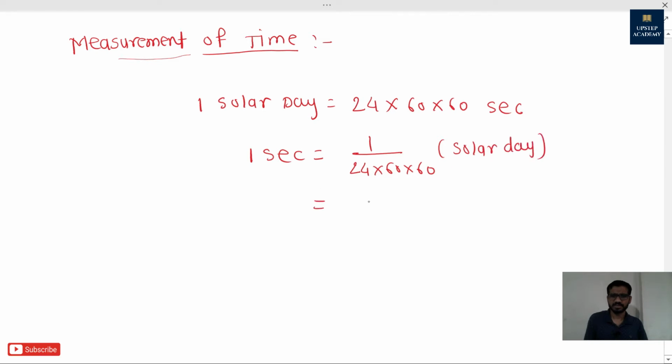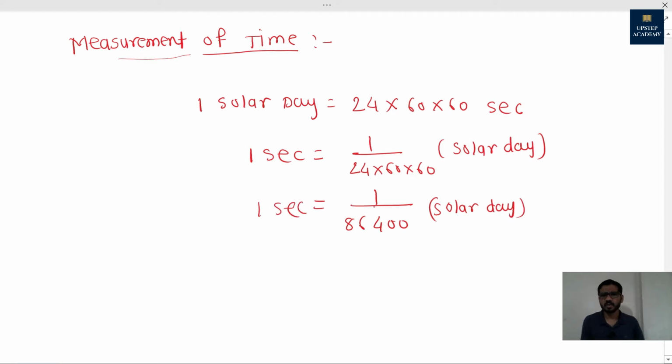That comes to 1 divided by 86400 of a solar day. It means 1 second is 1 upon 86400th part of a solar day.